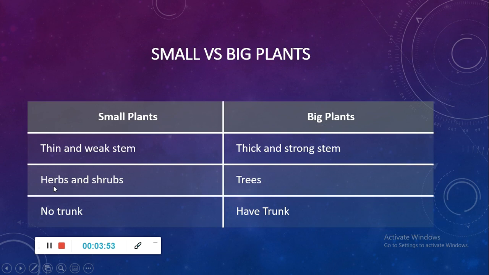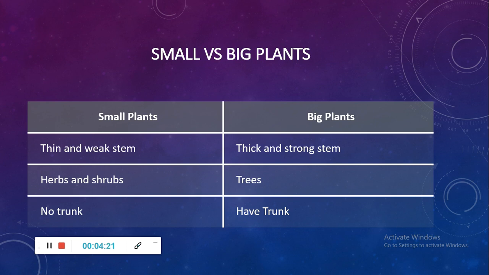Examples of small plants are herbs and shrubs. Examples of big plants are trees, like apple tree and mango tree. So any tree is a big plant.